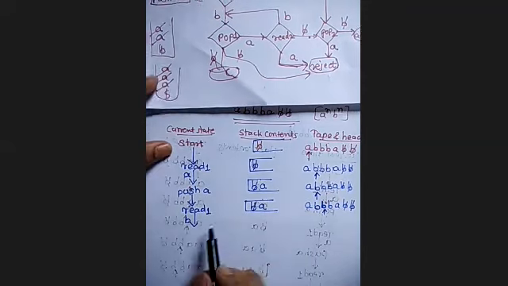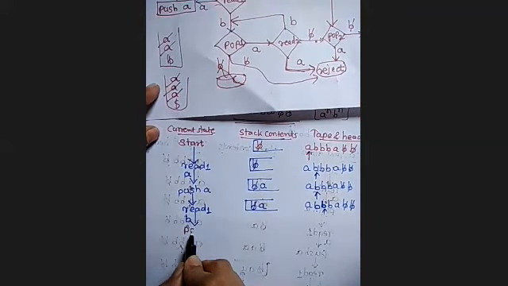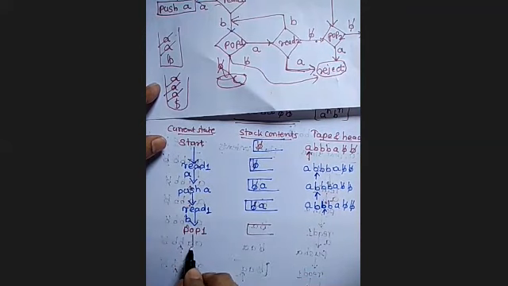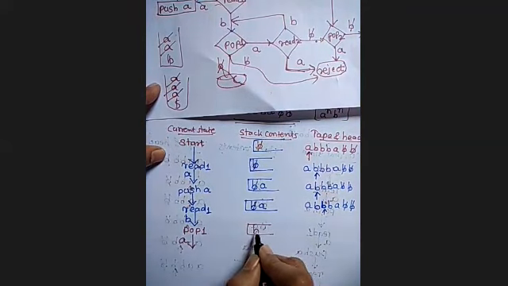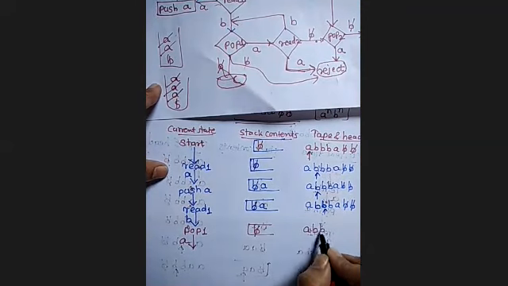Yeah, because for every B, what are we going to do? Pop from the stack. So pop one will pop the top symbol, that is A here. So the stack now contains only blank. And the pointer points to the same, that is B.